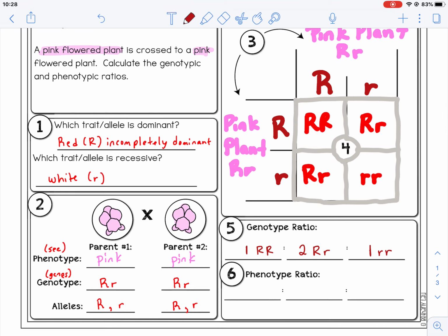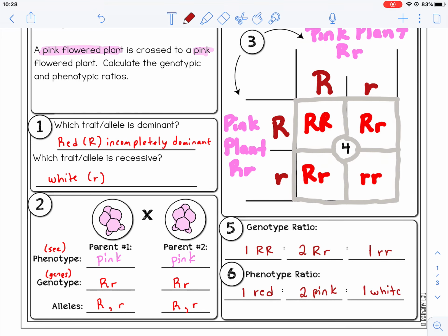So now we're just going to translate those genotypes into the corresponding phenotypes. What do you see? Well, remember with big R, big R we see red, so we have 1 red. With big R, little r we see pink, so we have 2 pink. And then with little r, little r we see white, so we have 1 white.